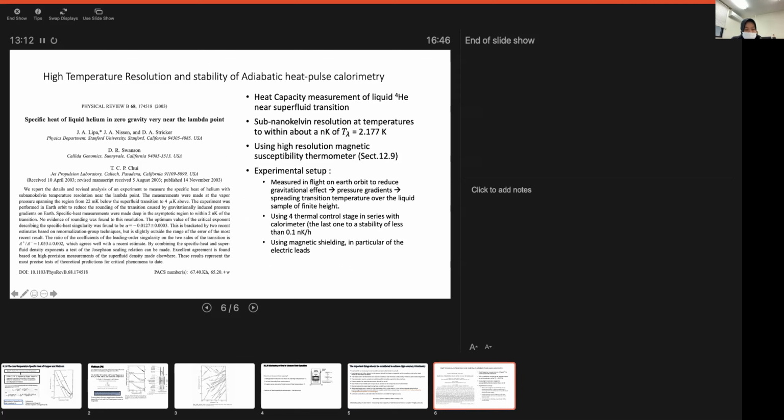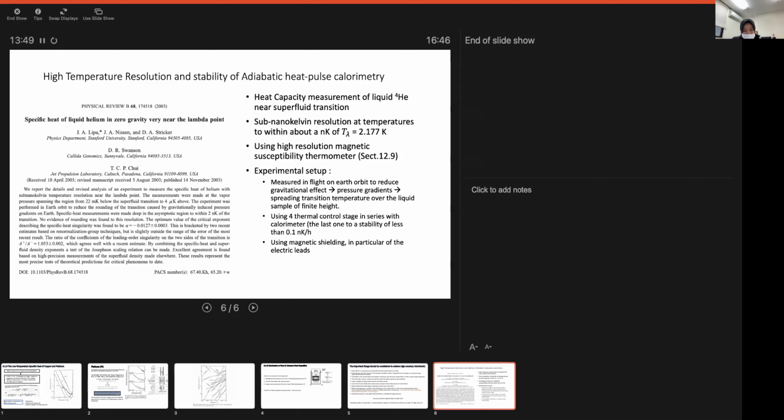In this paper, they measure the specific heat of liquid helium in zero gravity, very near the lambda point. This is like an extreme experiment because they measure the specific heat of liquid helium near the superfluid transition, in space flight.